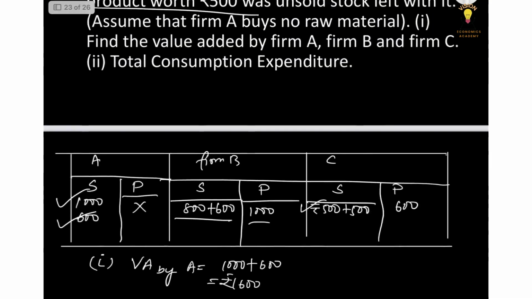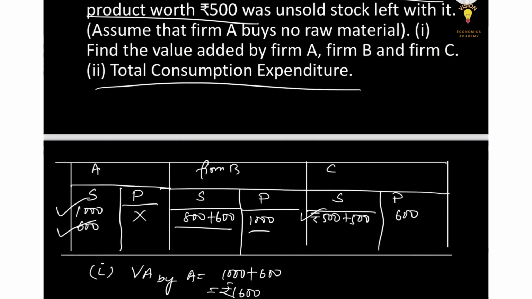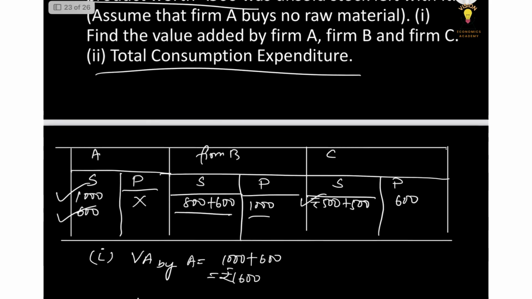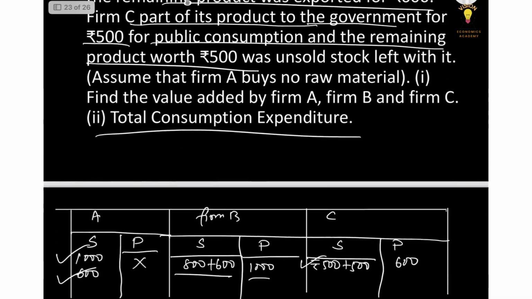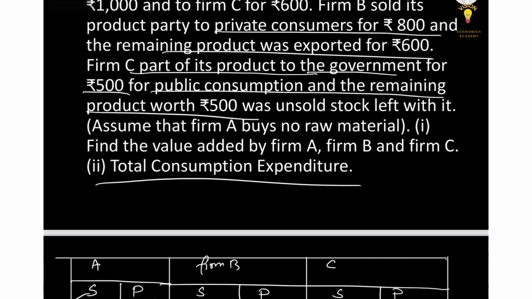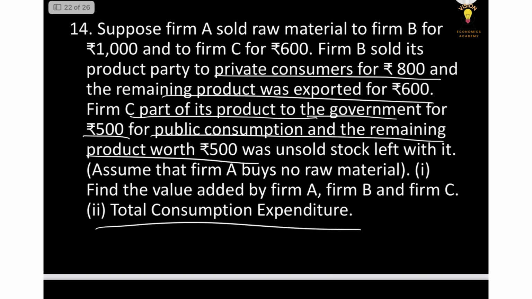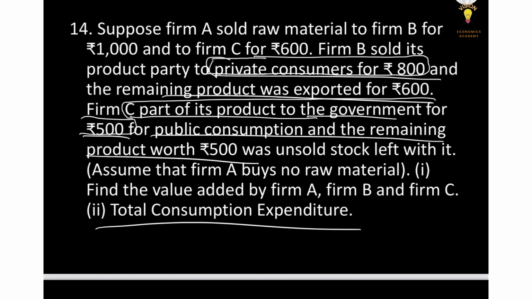Right? Now the second part of the question is asking us to find total consumption expenditure. So total consumption expenditure is nothing but consumption of private consumers plus consumption by the government for public. So for private consumers, B is selling its goods worth 800 to private consumers, and C is selling part of its product to the government for public consumption worth 500.